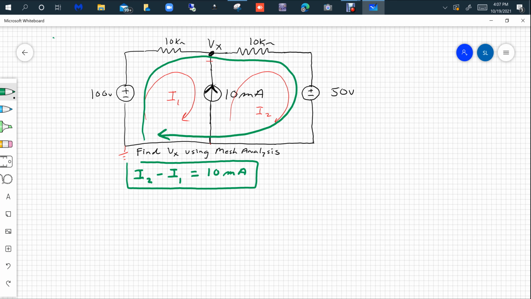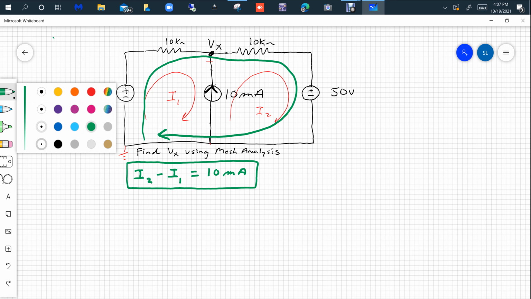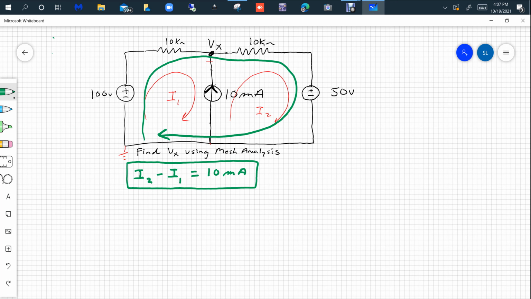Then for the second equation, we start at the bottom left-hand corner and go around the entire loop, keeping in mind that you still have those loop currents I1 and I2. I'm just using Kirchhoff's voltage law here. You get a plus 100 because you're going from a negative to a more positive.